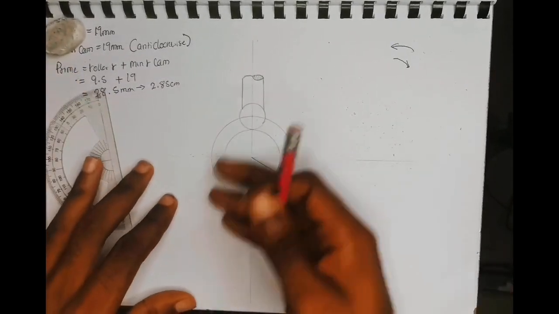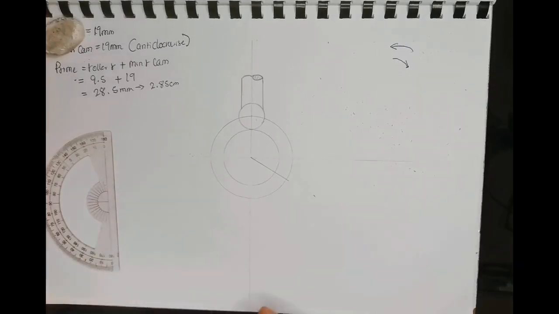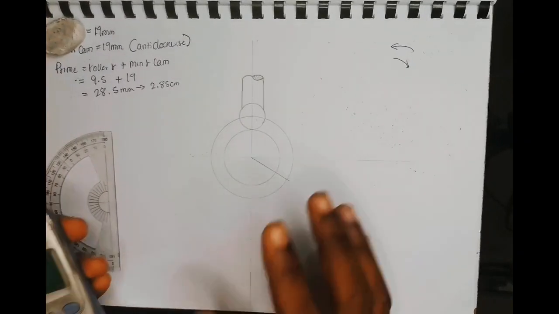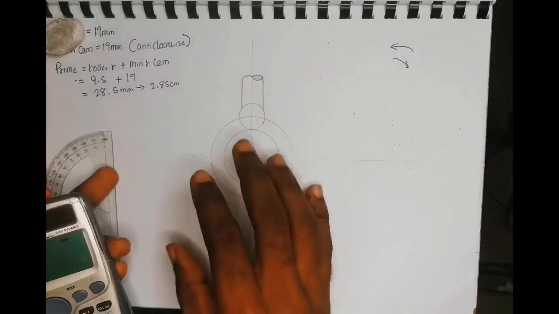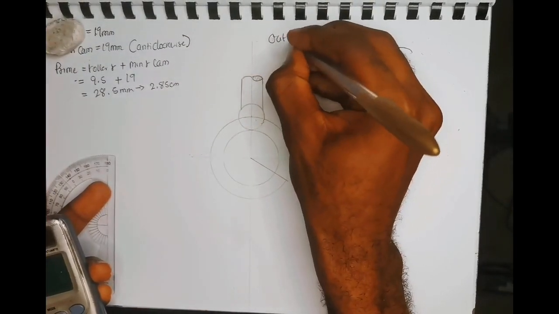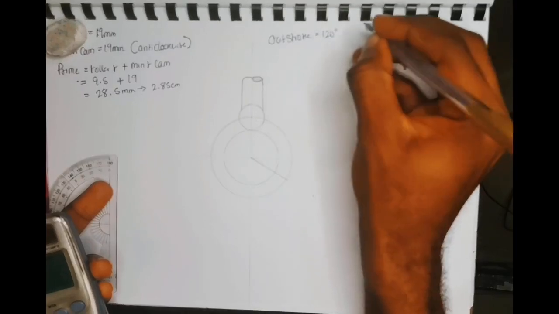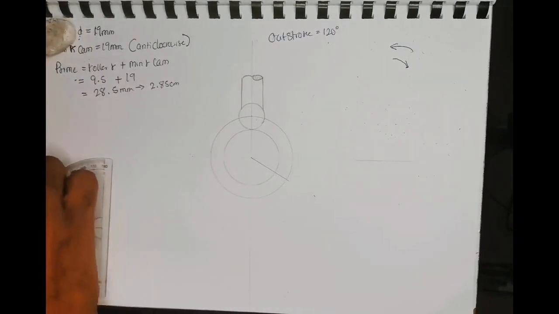Right, 120 degrees divided by 6, to divide the outstroke into 6 equal parts, and the outstroke is 120 degrees. So 120 divided by 6 is 20.